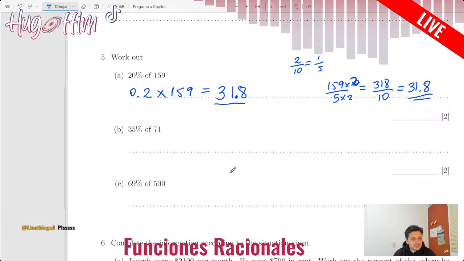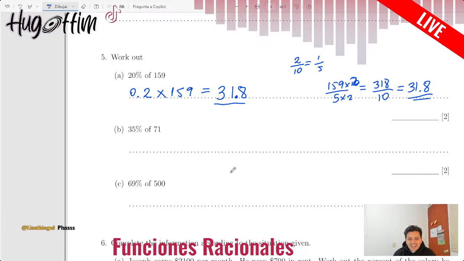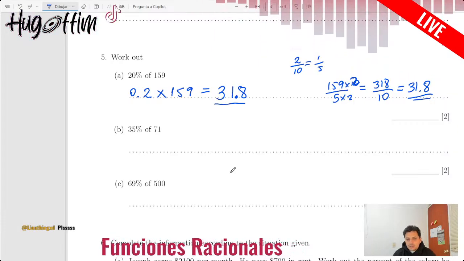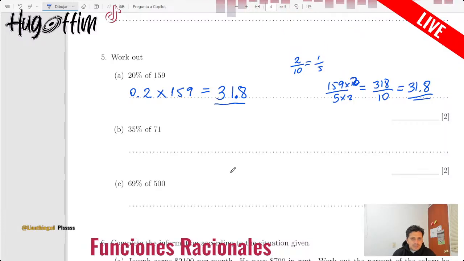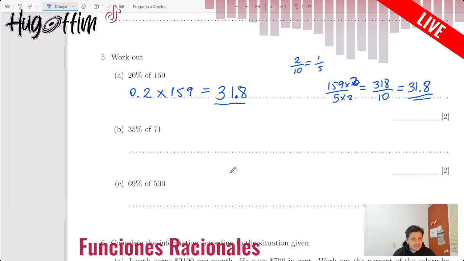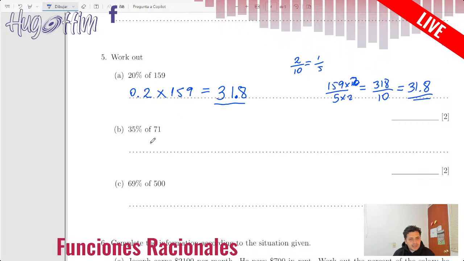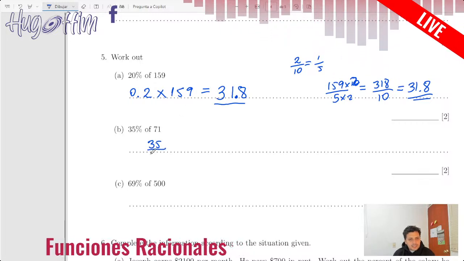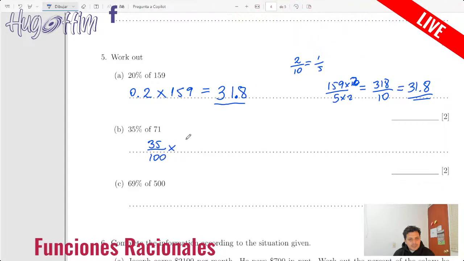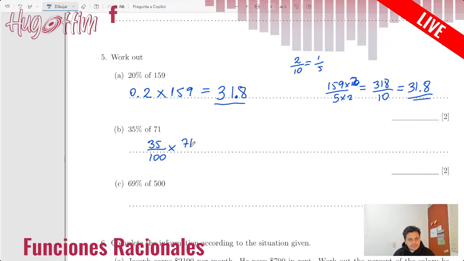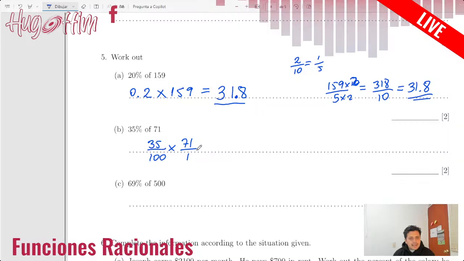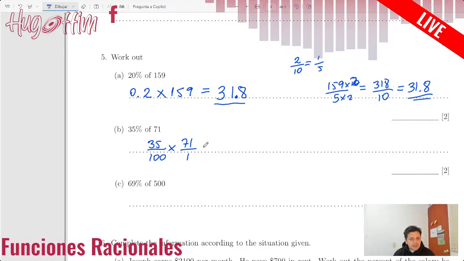Okay, you choose which one is the representation you prefer. Sometimes it's better to use the representation of percent. Sometimes it's better to use the representation of fraction. For example, here I can put 35 over 100 times 71 over 1, and I can simplify to get my answer.